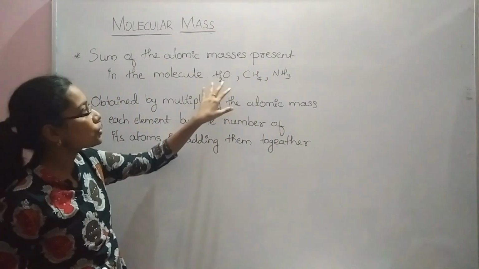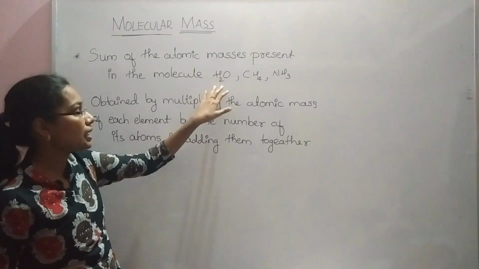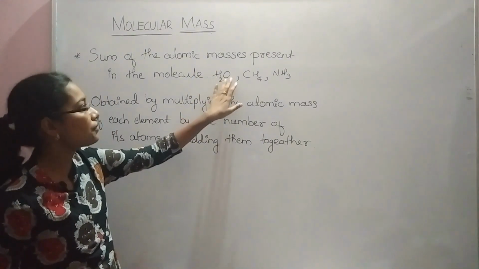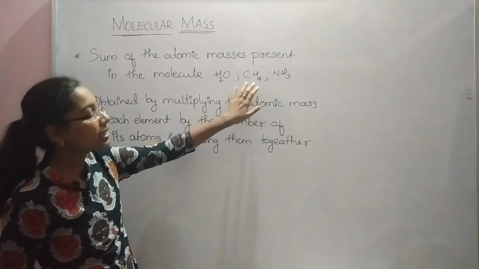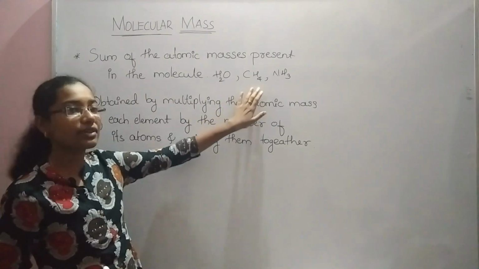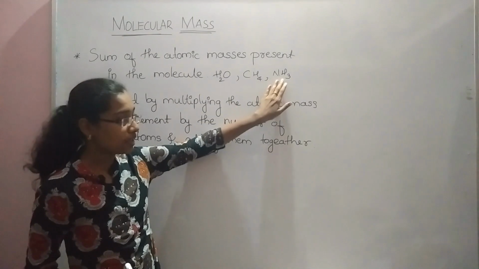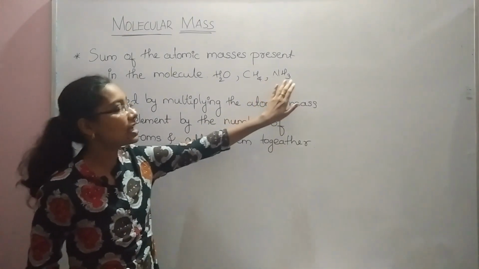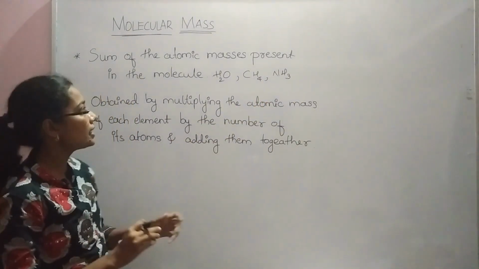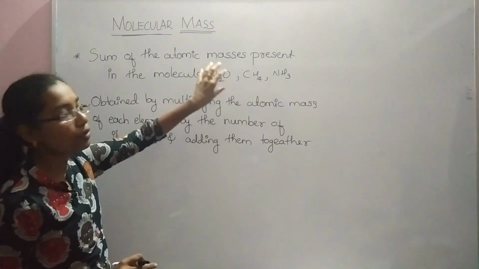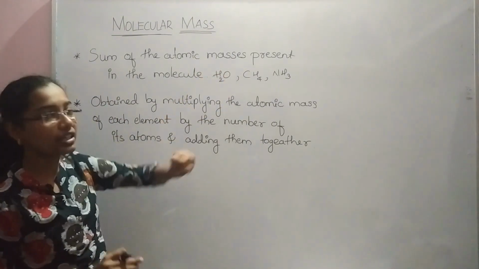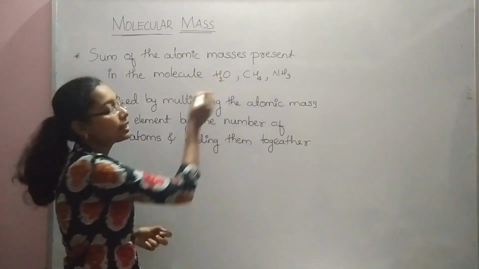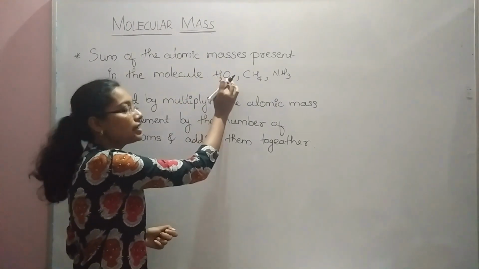Here H2O is the molecule which is made up of two hydrogen atoms and one oxygen atom, and methane is made up of carbon as well as hydrogen, and ammonia is made up of one nitrogen and three hydrogens. Here the molecular mass of water, or H2O, is the sum of the atomic masses of hydrogen and oxygen.